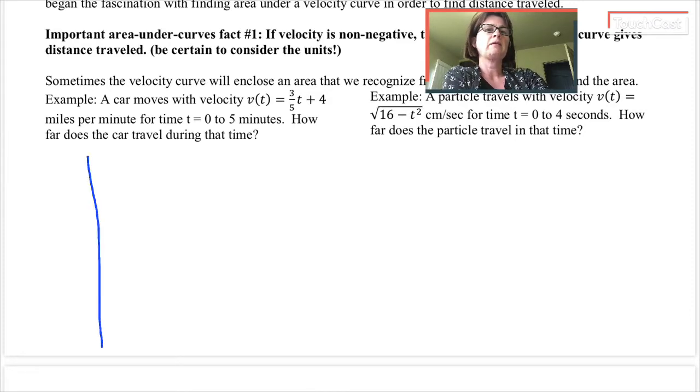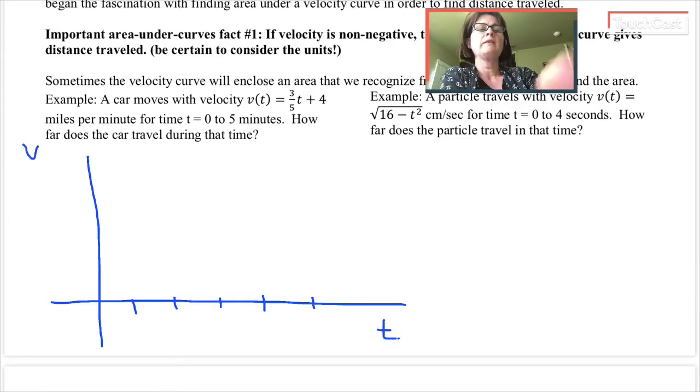And here's my velocity curve. This is time. This is going to be velocity. And I'm interested in the distance traveled over the 5-minute time interval, 0 to 5 minutes. Velocity is measured in miles per minute, and I'm going to measure time in minutes.